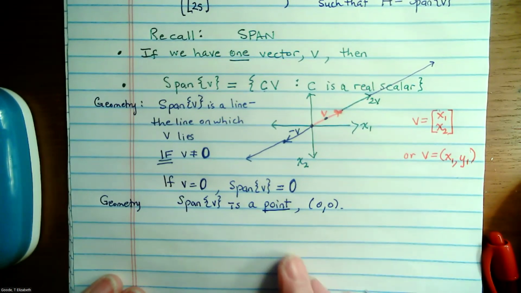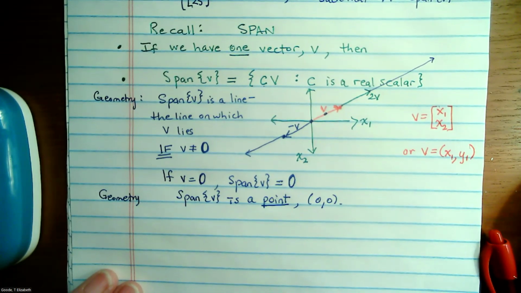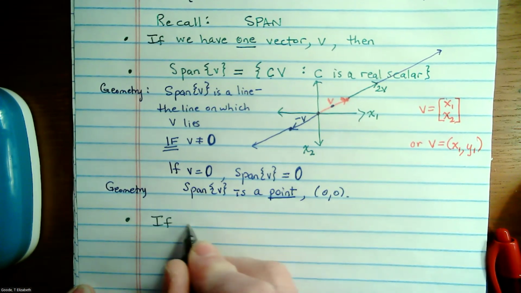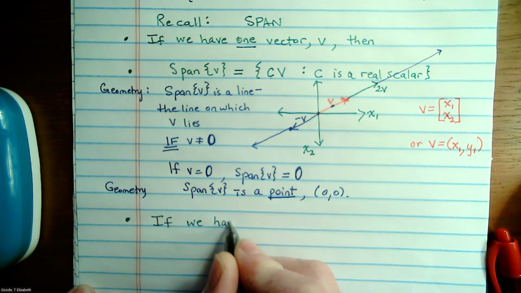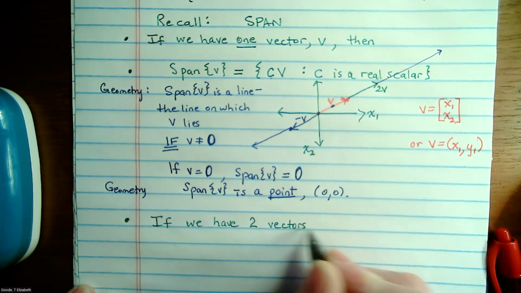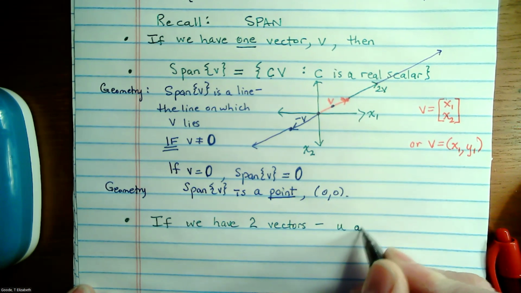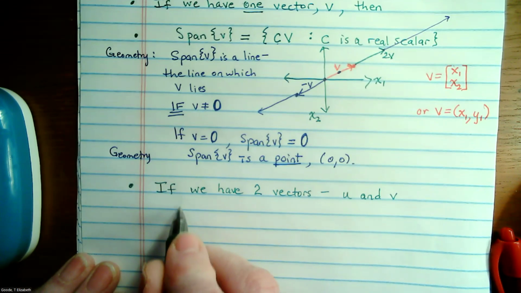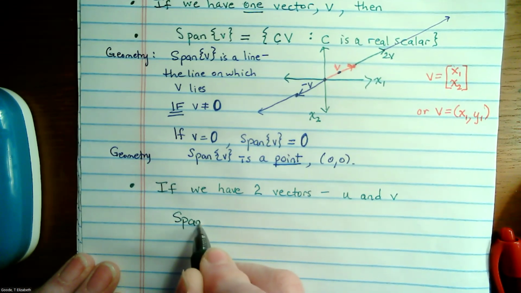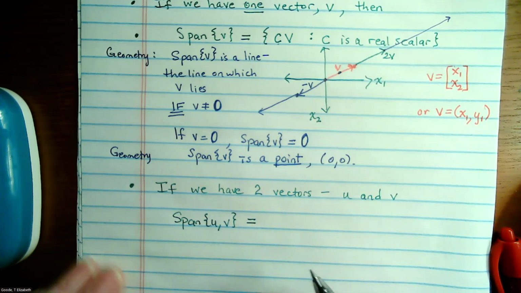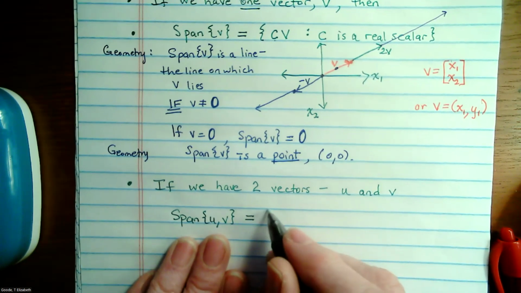Now that's if there's one vector. We're trying to understand span, right? But what if we have two vectors? Say U and V. Then the span of U and V is the set of all linear combinations of U and V. What does that mean?